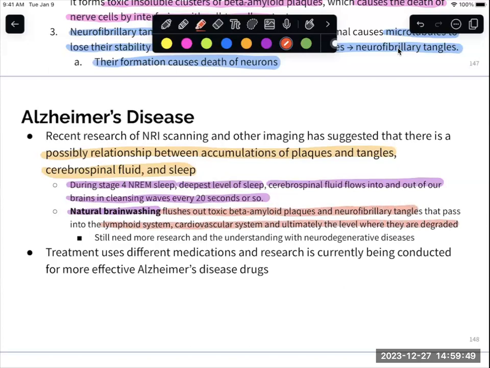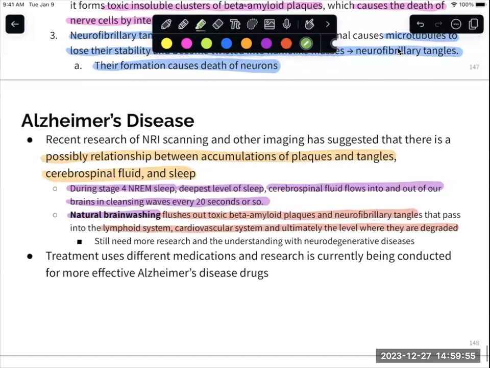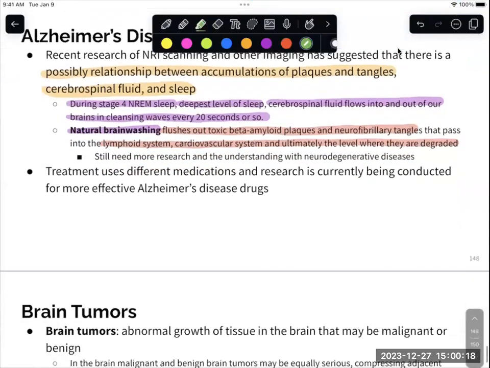There's still some research needed on this. They're trying to figure out different drugs that may help with this neural brainwashing, cleaning out these plaques and tangles, to prevent Alzheimer's or prevent its progression, the killing off of these neurons.